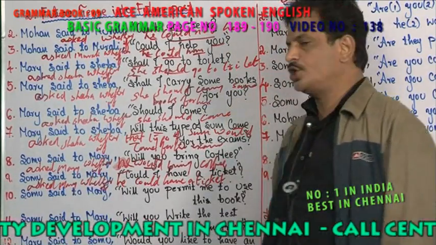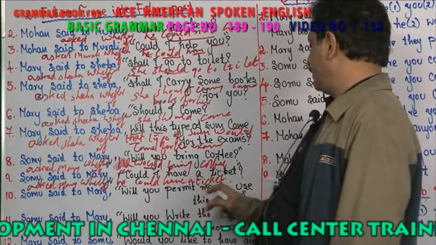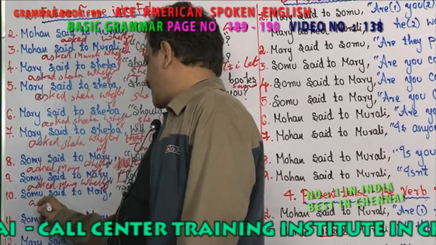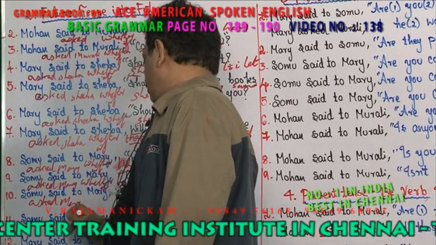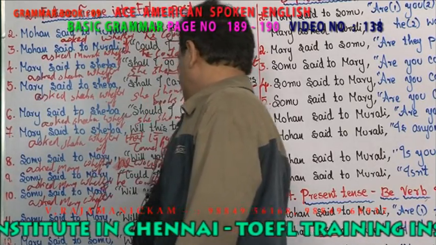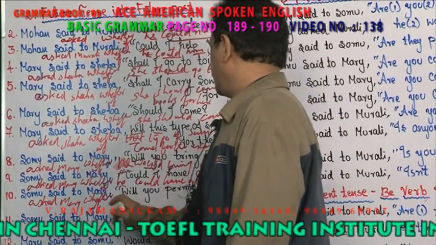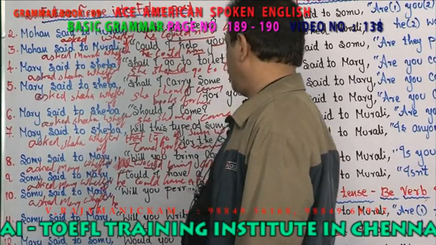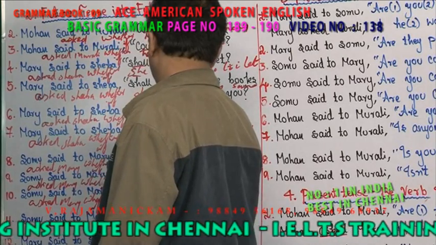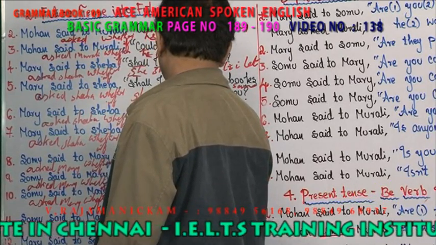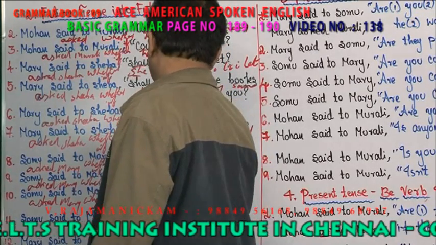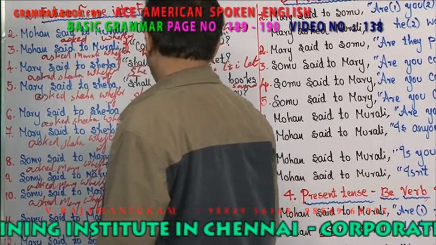Next, Somu said to Mary, will you permit me to use this book? How does it change? Somu asked Mary whether or if she would permit him to use that book.